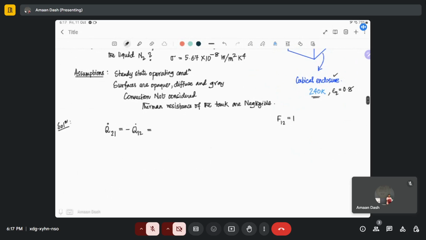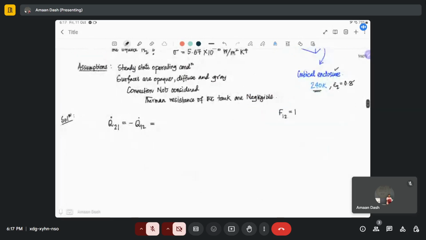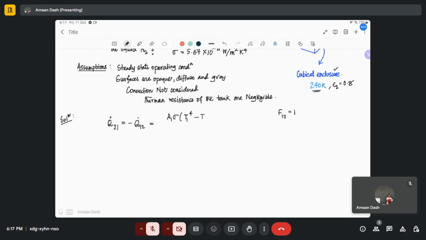Now, to find q2 to 1, one thing we can see is that this is a spherical tank.